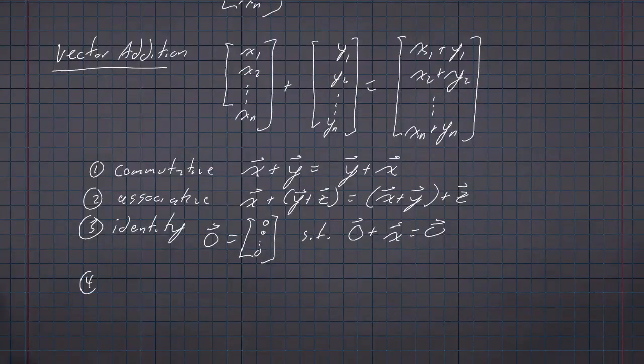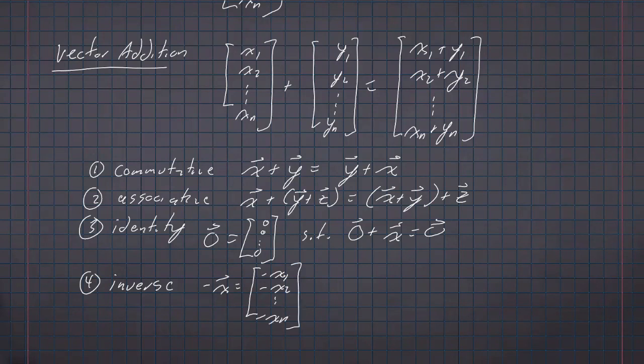And we have an inverse vector. The opposite of vector x is the opposite of each element, which is the specific definition in Euclidean vector space, so that if you add a vector and its inverse, you get the zero vector.